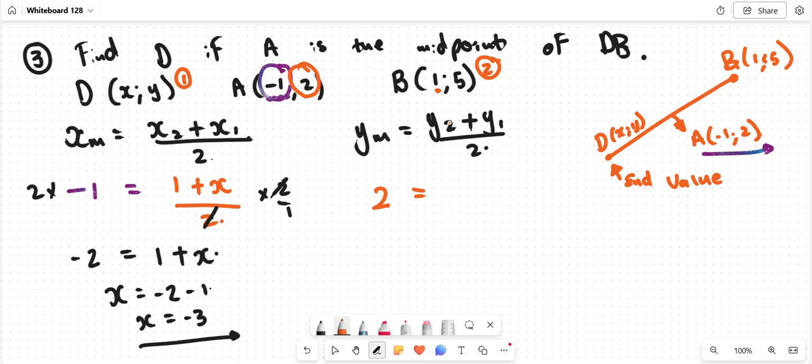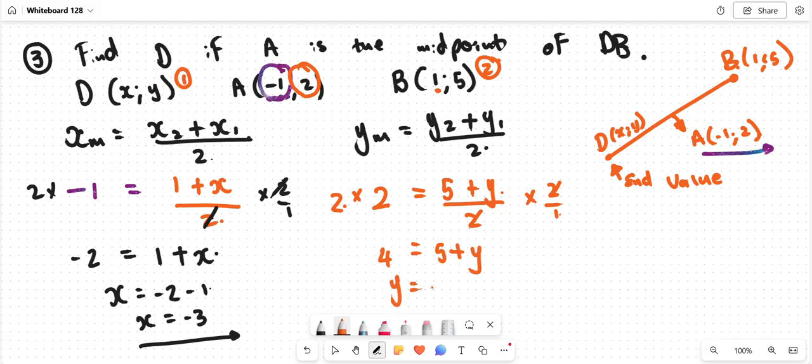And we don't have y1, but we have y2, which is the 5. We're just going to put y1 as a y there. And how do we solve this? You times by 2 on both sides. So we get a 4. These 2's cancel. And if you take your 5 to the other side, 4 minus 5 will tell you that y is equal to negative 1.